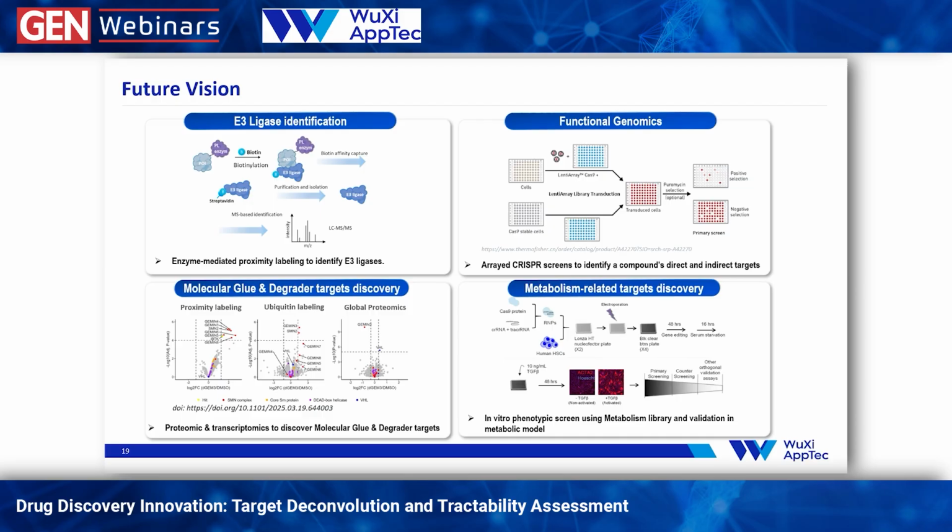But target deconvolution can be used not only in the case studies we have been talking about today. It can also be used from other perspectives. For example, you can use it to identify novel molecular glue or degrader targets, not only for the E3s, but also to look for new, novel degradable targets.